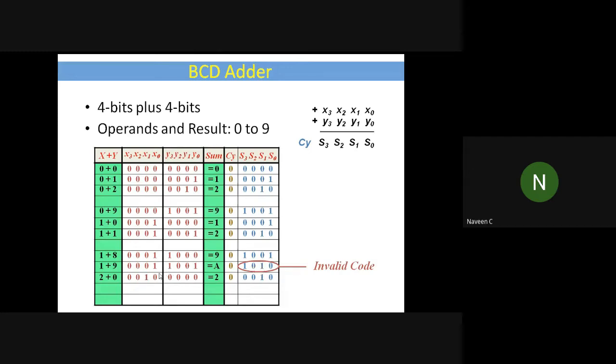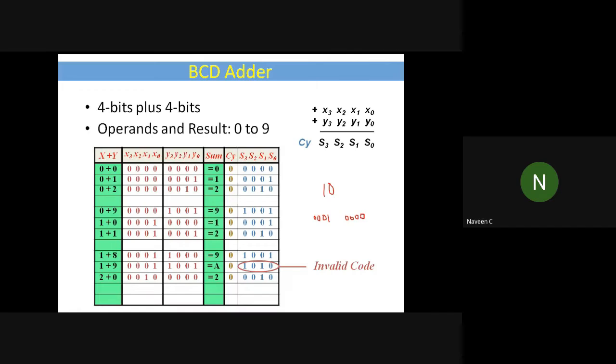So what we will do, if the output is 10, we will represent that 10 like this. Suppose after the sum you are getting 10. The 1 will be represented as 0 0 0 1, and the 0 will be represented as 0 0 0 0.